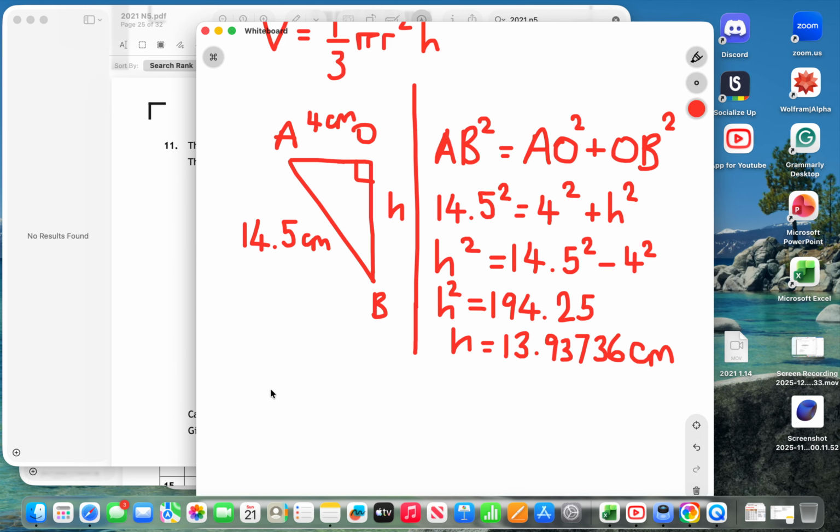We then want to put in the values. So 1/3 pi times the radius squared, so times 4 squared, multiplied by the value of the height.